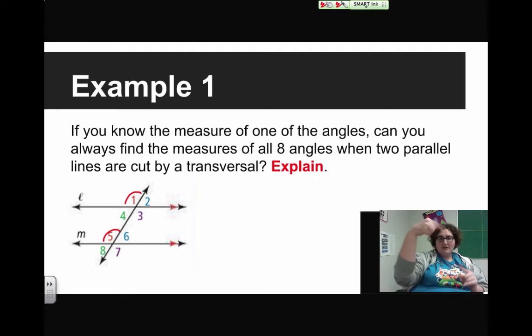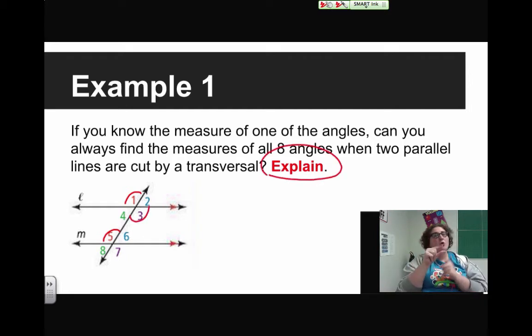We agree on that. Now from chapter 2, I know that angle 1 is congruent to angle 3 because of vertical angles. I want to see the words vertical angles in your explanation. I am not writing this out because I want to make sure that you are listening. So angle 5 is congruent to angle 7 because of vertical angles.